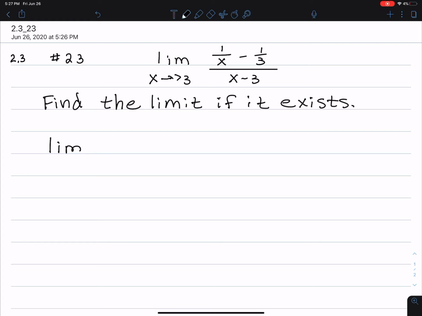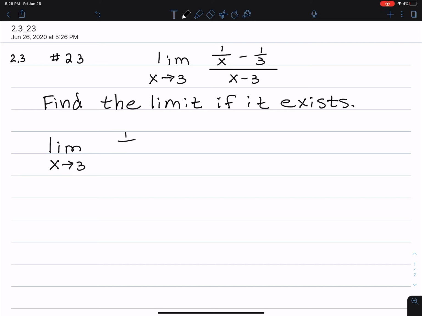Okay, I changed it. What I'm going to do is simplify this complex fraction.